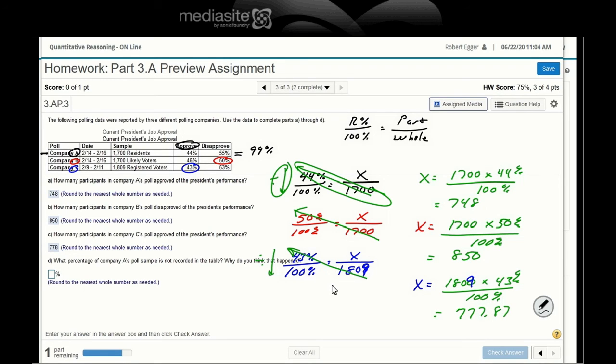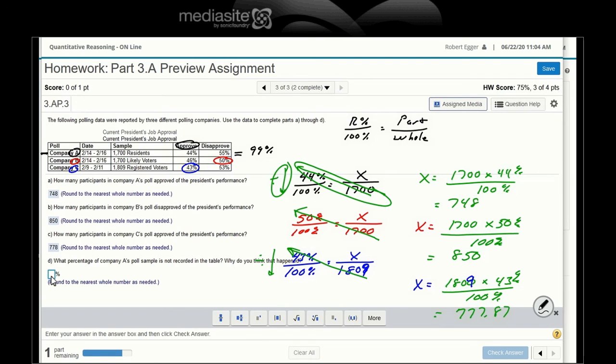Yes, 99. So it looks like 1% is not recorded in the table, and that would be, like we said earlier, people who didn't have a strong opinion, neither approved nor disapproved.